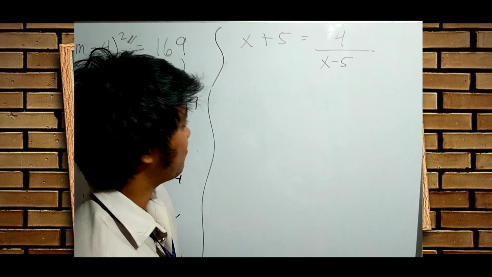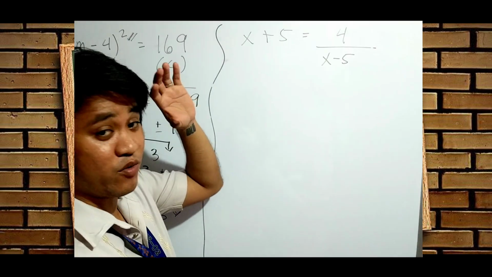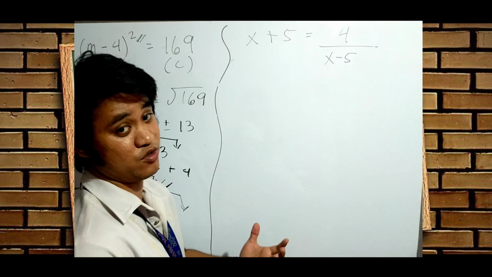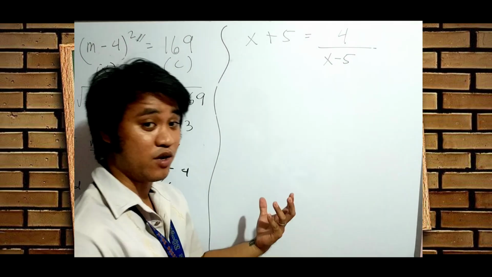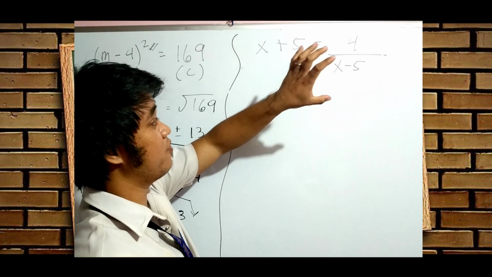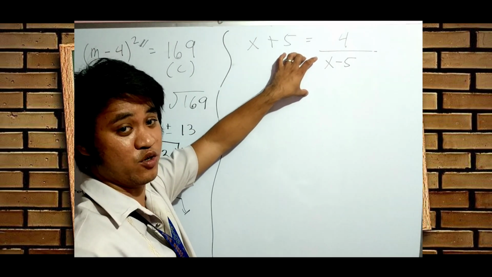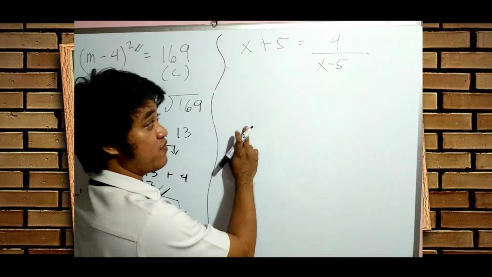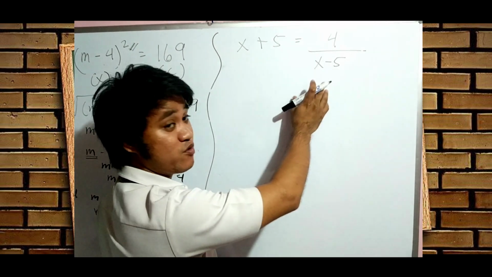So for our next example, as we can see now, the equation again is not in the form x squared plus c is equal to 0, or not a quadratic equation yet. So again, to extract the roots, we need to transform this equation into a quadratic equation. As we can see, x + 5 is equal to 4 over x - 5.